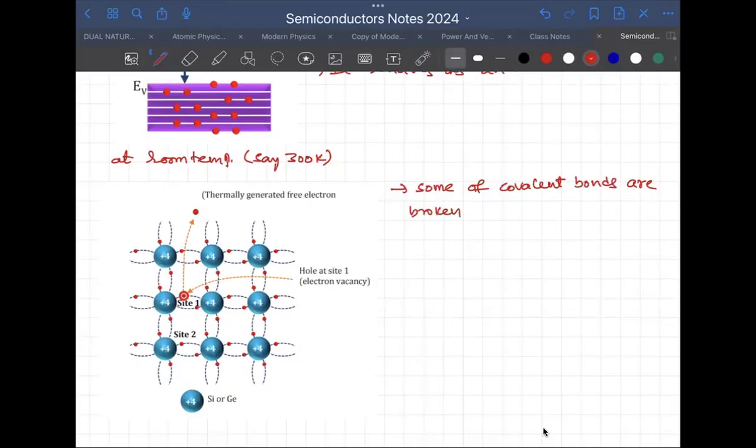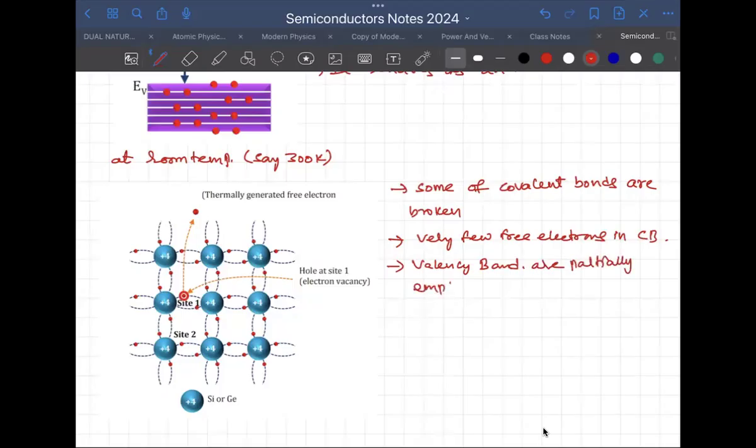Due to thermal energy, you will have a very few free electrons in the conduction band here, and the valency band is partially empty, not completely, partially empty, and contains holes. Similarly, the conduction band is partially filled.